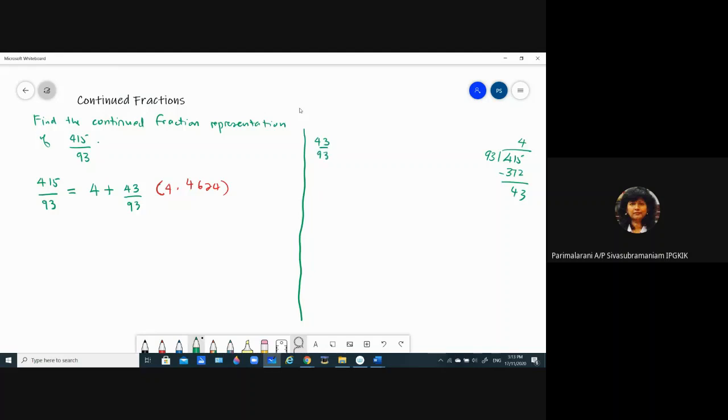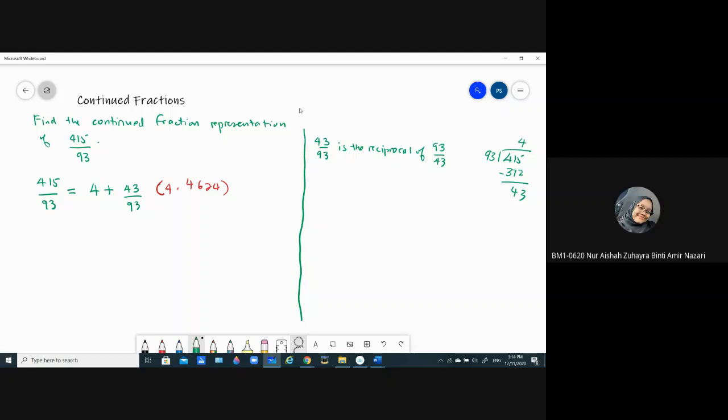43 over 93 is the reciprocal of what number? 93 over 43, right?